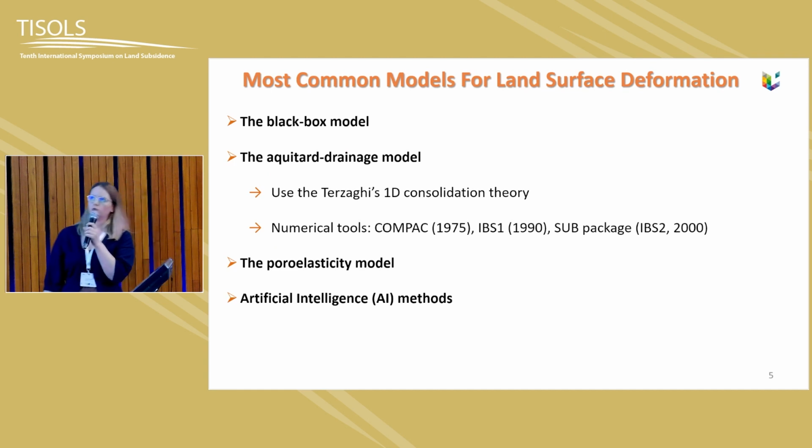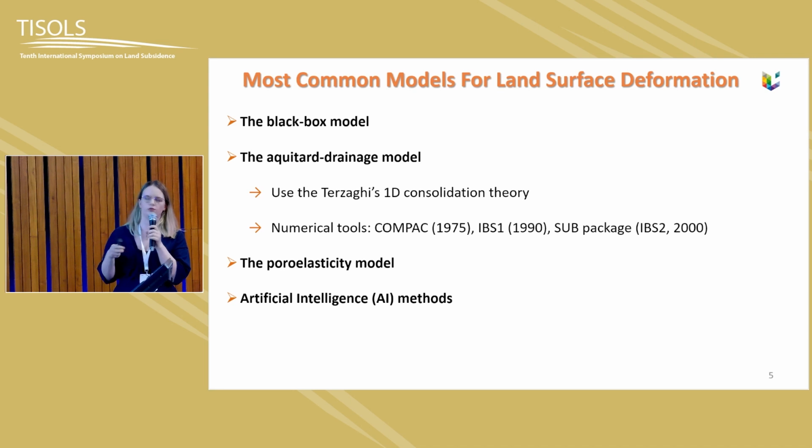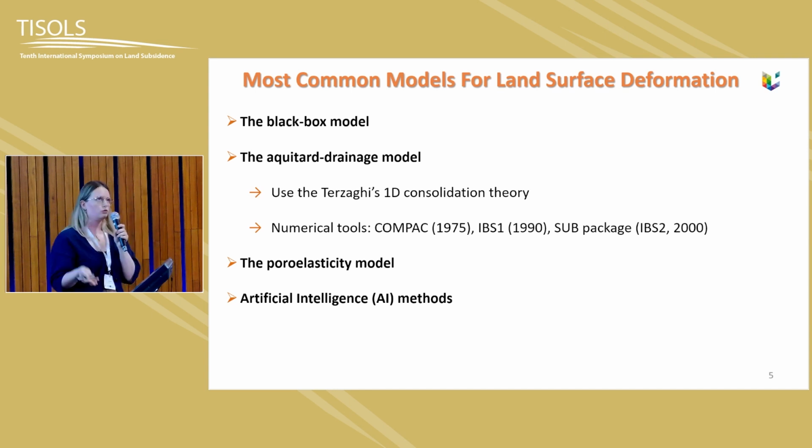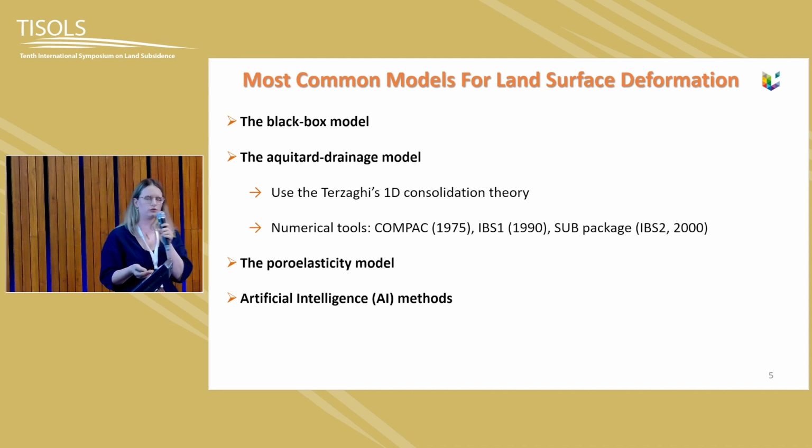There are different ways to numerically model all these hypotheses. The first three, the black box model, the aquitard drainage model, and the poroelasticity model, are usually used as predictive models. The black box model is the easiest to implement compared to the aquitard drainage model and the poroelasticity model, which are process-based models, so they need hydrogeological, geomechanical, and physical properties of the area of interest.